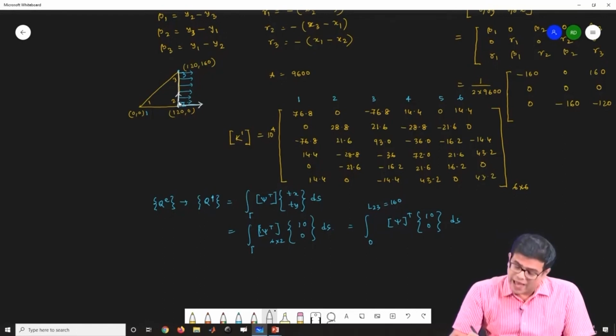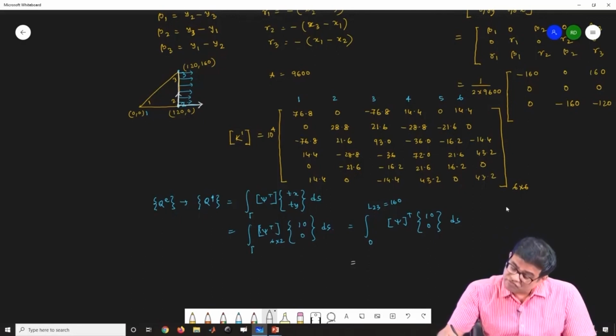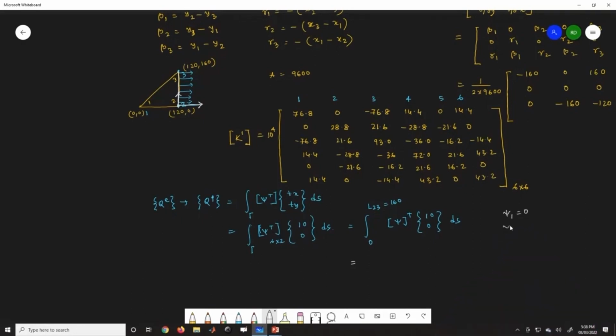If I do that, then naturally my phi 2 and phi 3 will play a role. Phi 1 will be 0, phi 2 will be 1 minus s by 160, where 160 is my length, and phi 3 will be s by 160. So this is my phi 1, phi 2, phi 3.